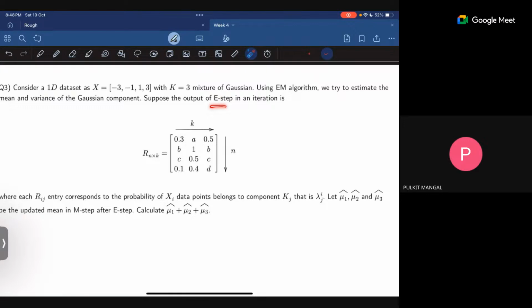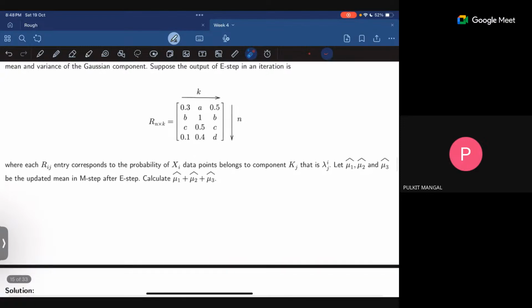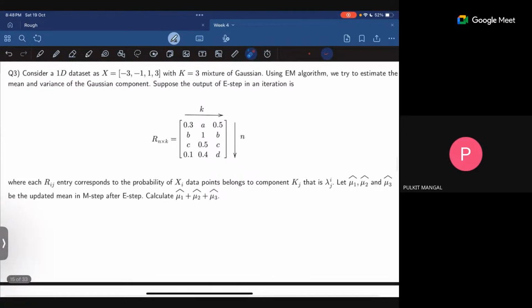Suppose the output of the E step in an iteration is given by this matrix R, which is of order n cross k. N denotes the number of data points, k denotes the number of components. So k is column-wise, n is row-wise.